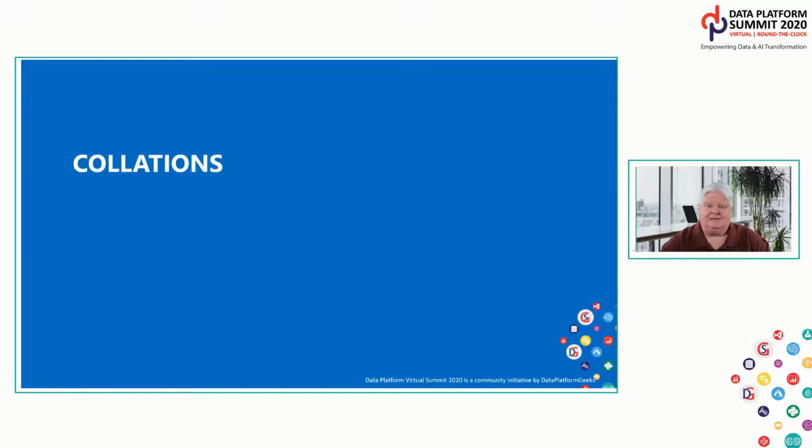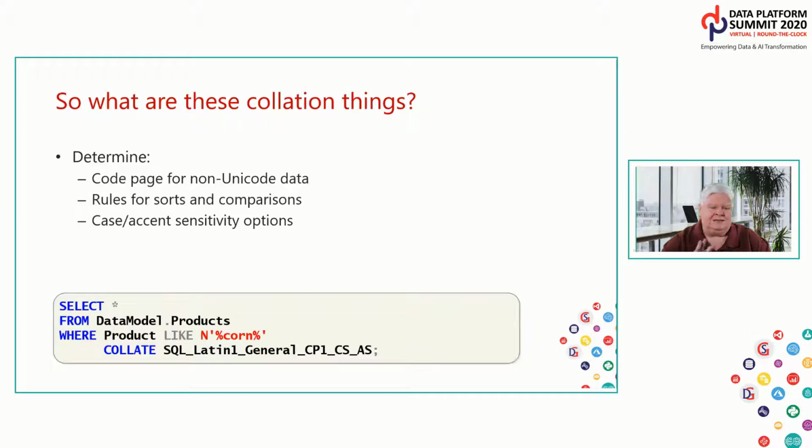Okay, now that we've seen how these basic data types work, the next concept I want to cover off is collations. Most people see them, but often don't really know what they're there for. The idea of a collation is to determine the way things get sorted. There's multiple parts to this.